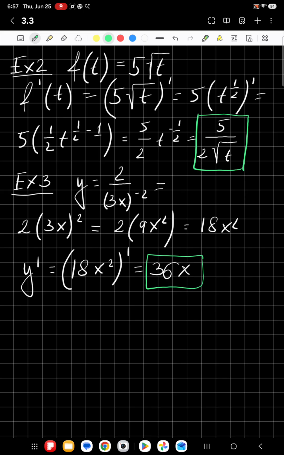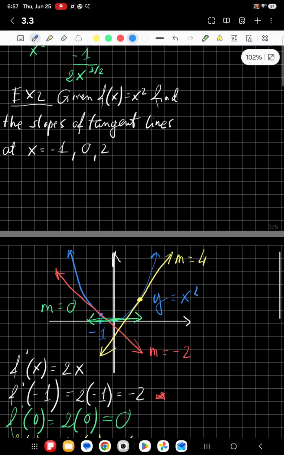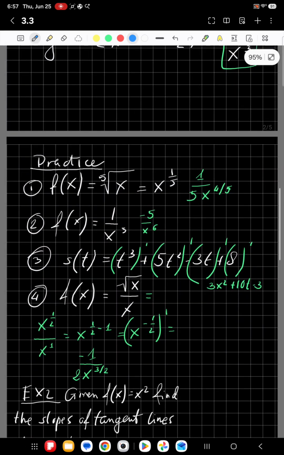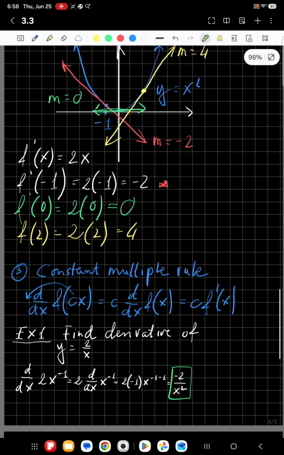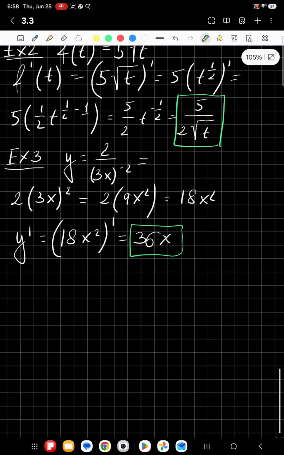Okay, so the next rule is something that we've seen before. I gave you a problem with this one. Talking about this problem, I told you that you can basically take a derivative of each of those terms separately, and that's that next rule.